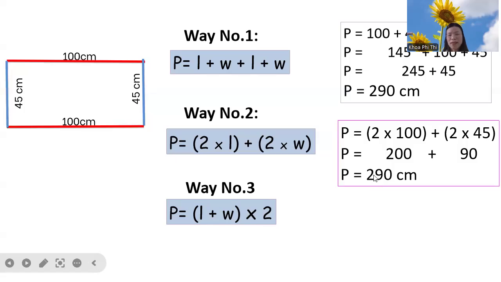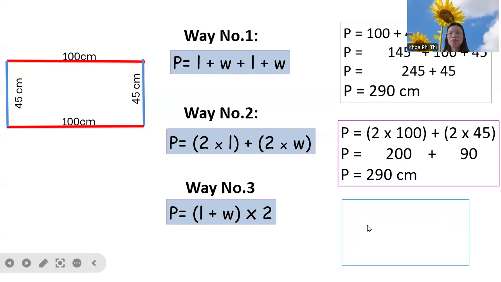So the result is 290. The perimeter of the table, or of the rectangle, is 290 centimeters. The same result as group 1.